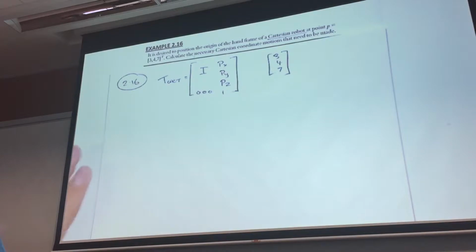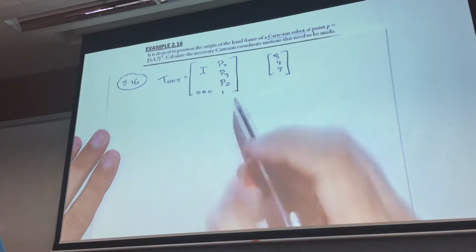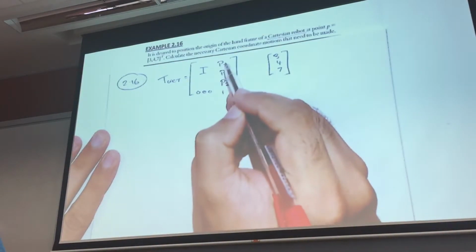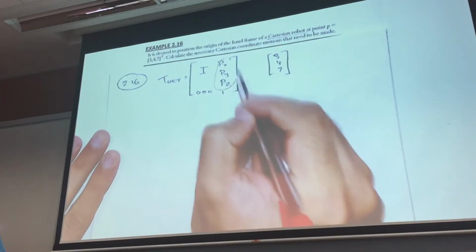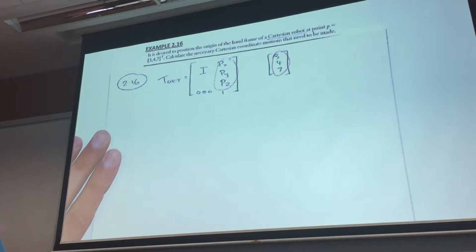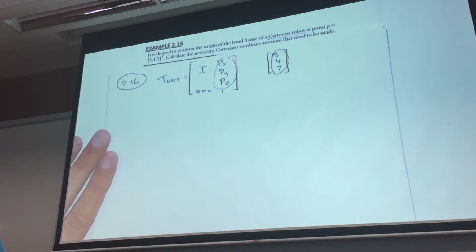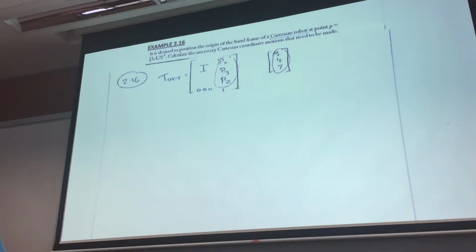All you need to do to find the inputs you need to put to your linear actuators, right? Your linear actuators will take in these values. Just do a comparison between this and this. That's it. Your answer will be Px is 3, Py is 4, Pz is 7. So that's why I say if they give you Cartesian robots, you should be very happy. Quite fast.